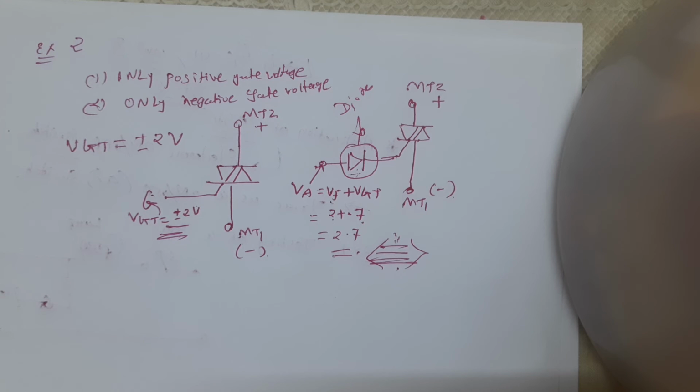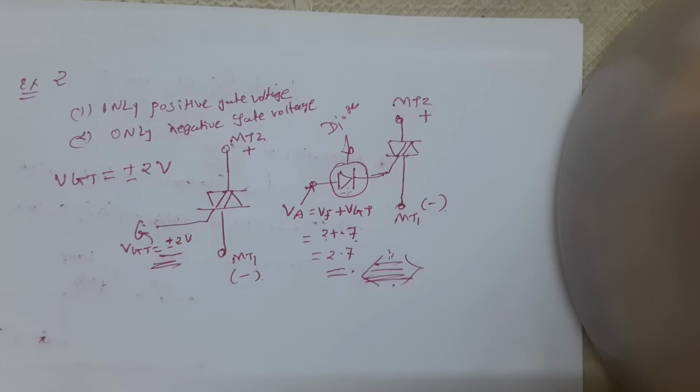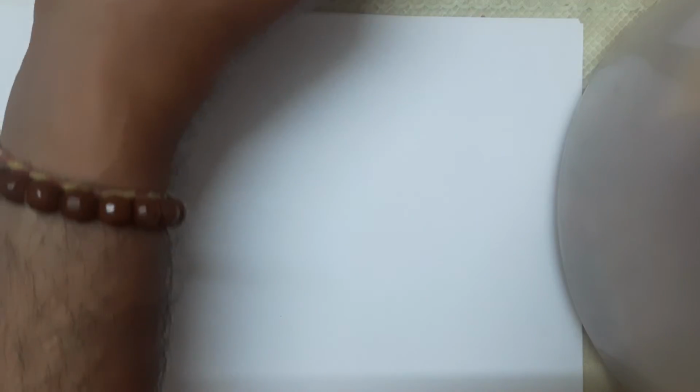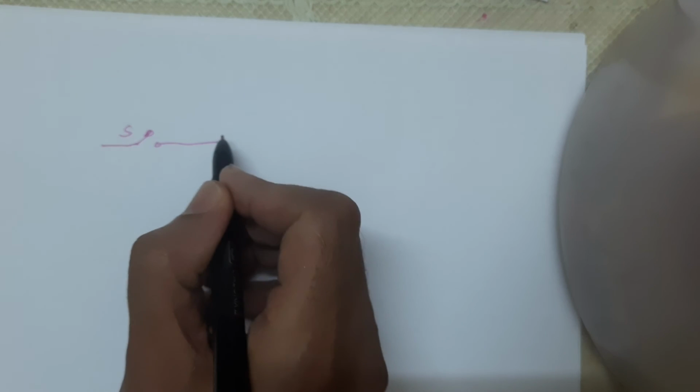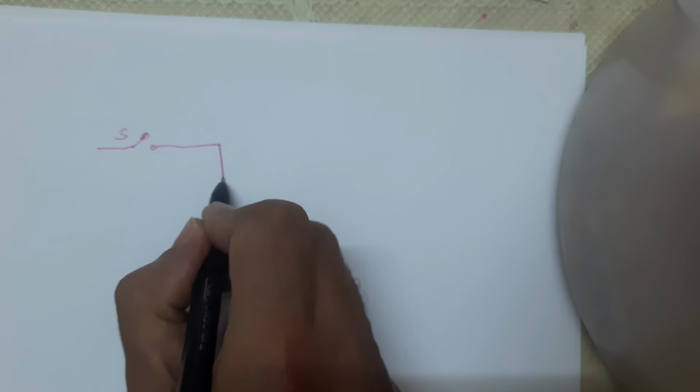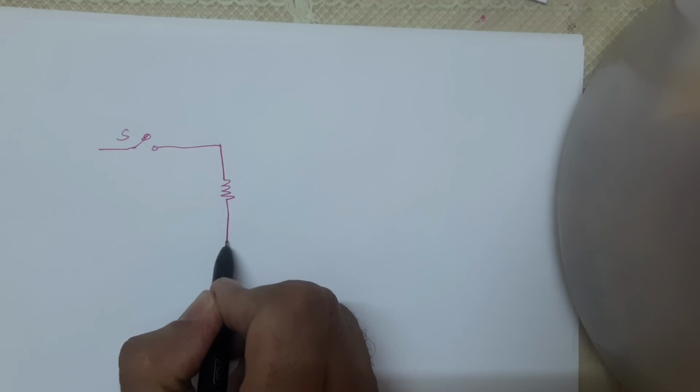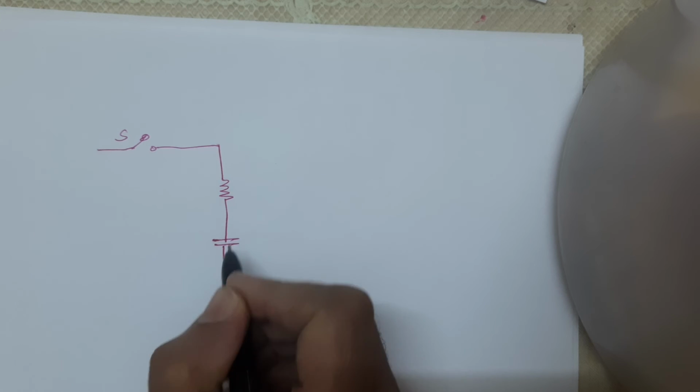Now we are discussing the third example, example 2.14. In the figure, I draw the figure. This is your switch S. Capacitor.